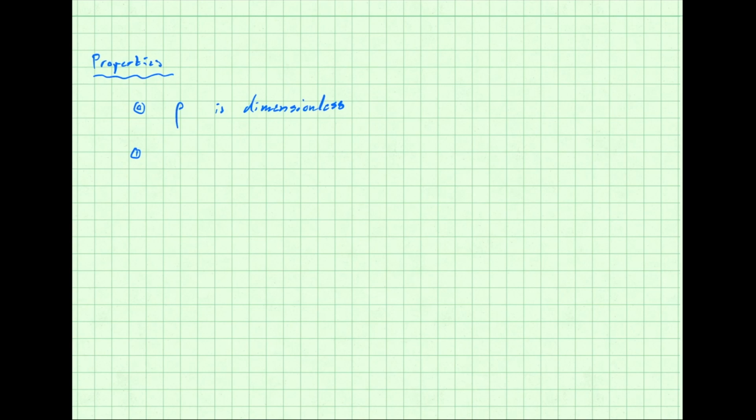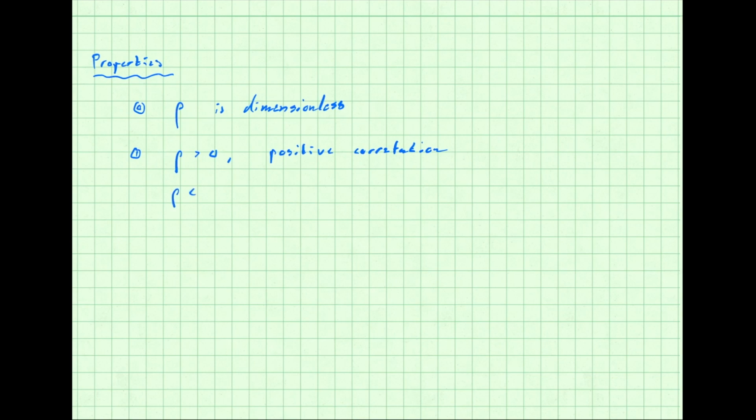So property 1, this is just a naming convention. If rho is positive, then we say you have positive correlation. This is not really very exciting. It's not a surprise.